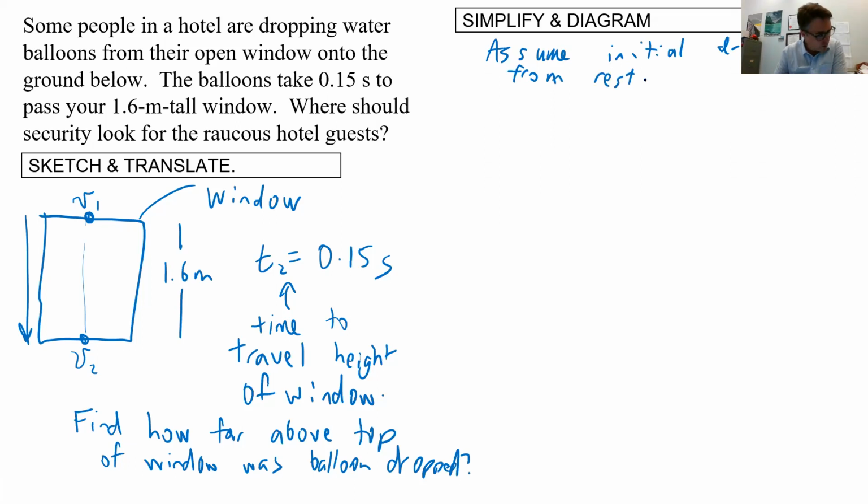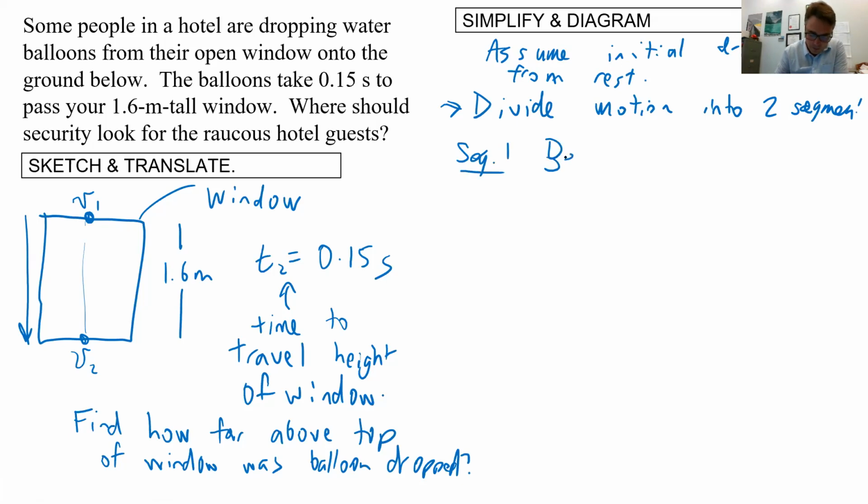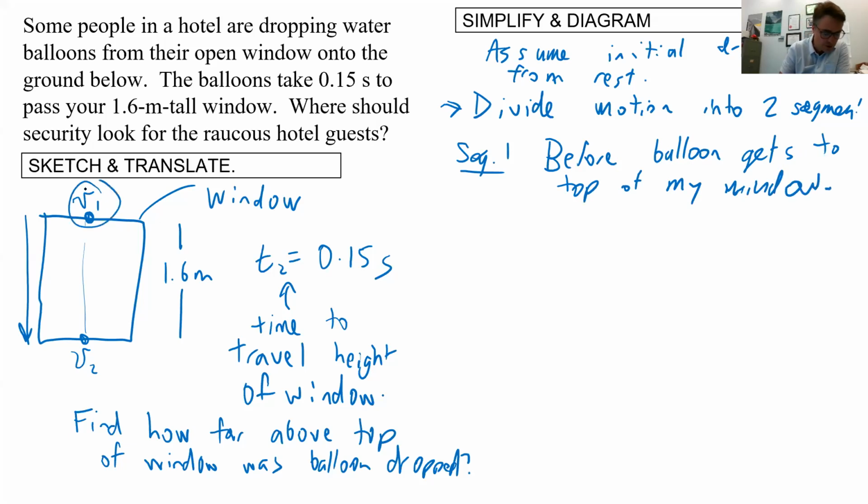Okay, so my strategy here is that I'm going to divide the motion into 2 segments. Segment 1 is before the balloon gets to the top of my window, because it arrives at the top of my window with some initial speed, V1.